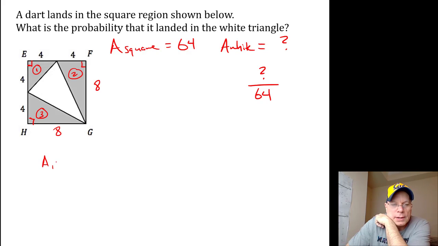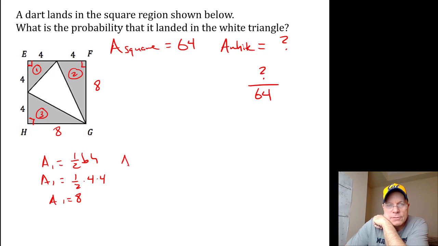area of triangle 1 is 1/2 base times height, 1/2 of 4 times 4, so 8. Area of triangle 2 equals area of triangle 3, because they have the same dimensions, 4 and 8.